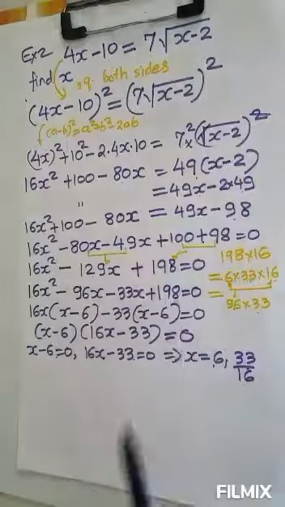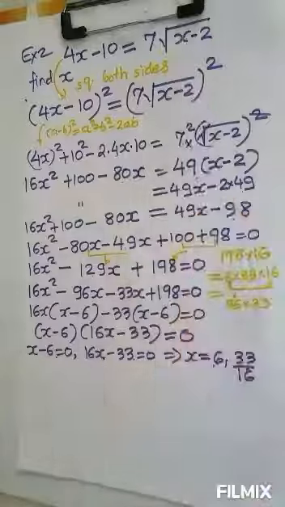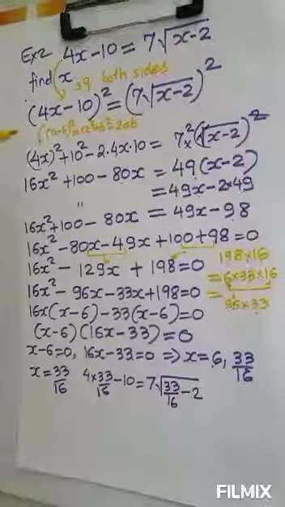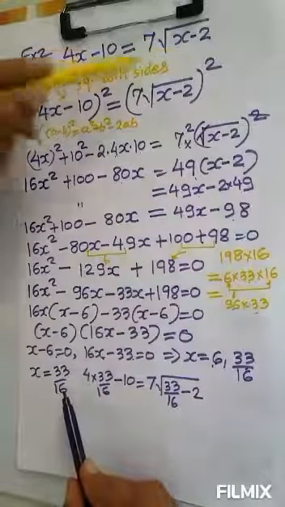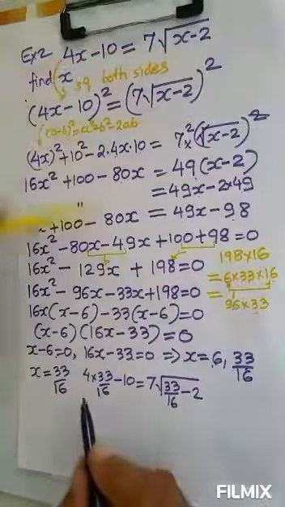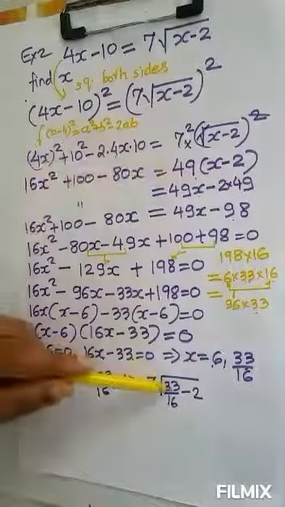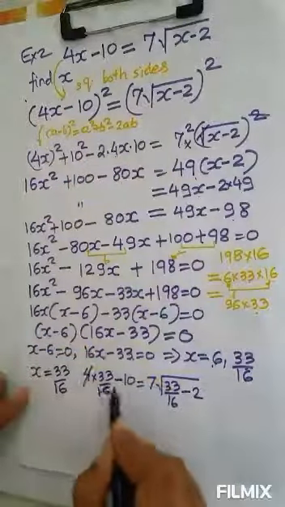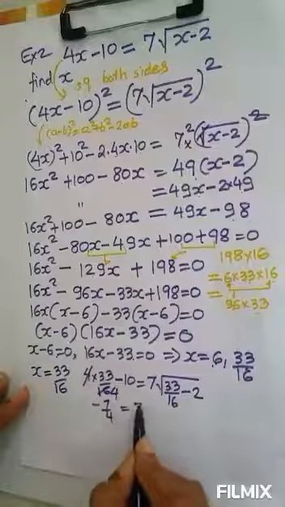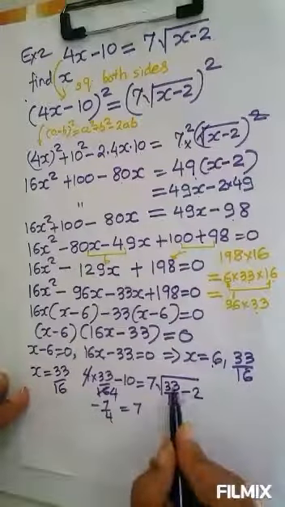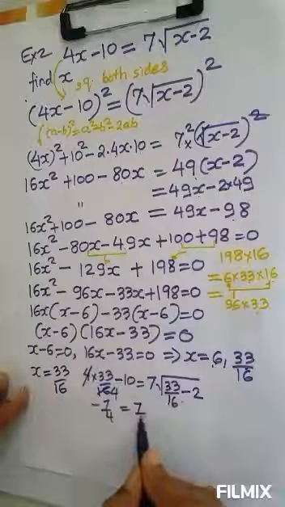Now since we squared both sides, we will check these two values by substituting them in the original equation. Substituting x equals 33 by 16 in the original equation, we can solve this, take LCM: 40 gives minus 7 by 4 on the left, and on the right 16 twos are 32, 33 minus 32 is 1 by 16, whose root is 1 by 4.